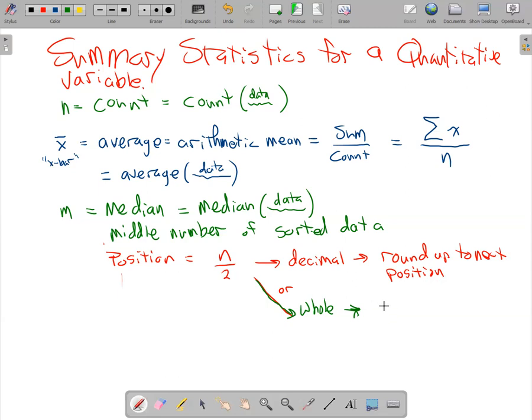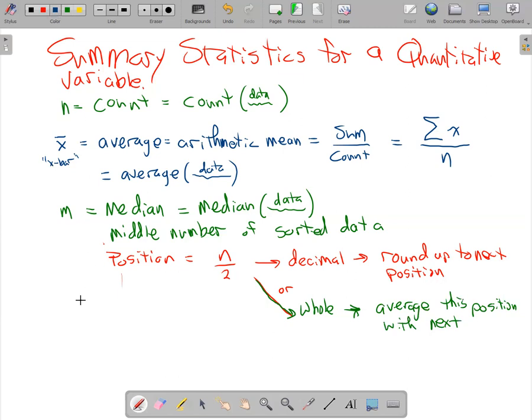So in this case, then we average this position with the next. And I'm pointing this out because we're going to try and do it with a small set of numbers, but if it's a big set of numbers, we just let the computer do it for us.